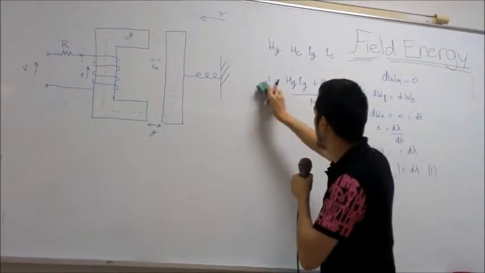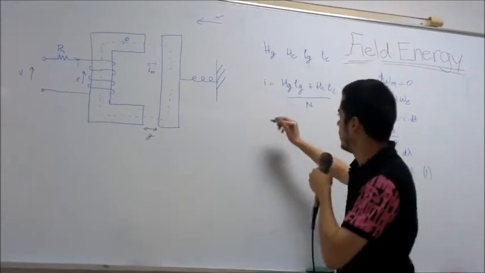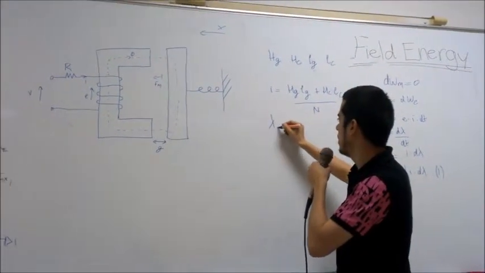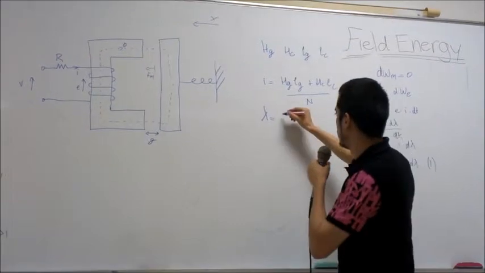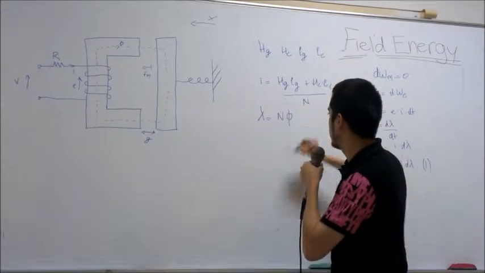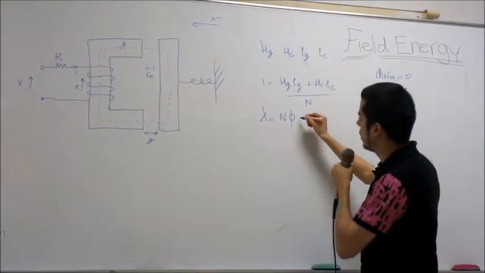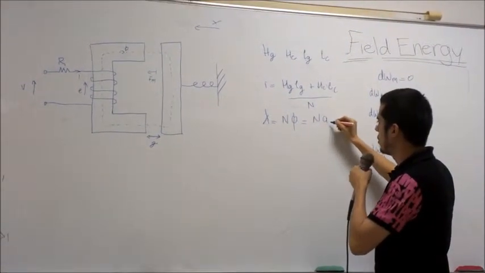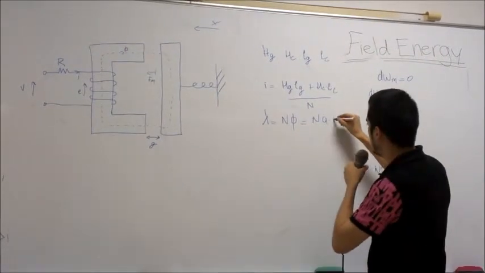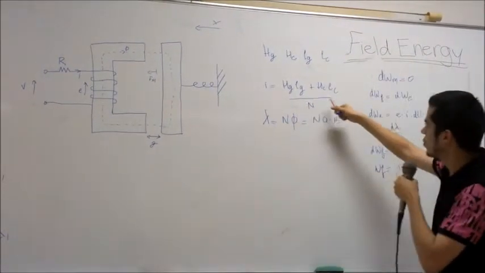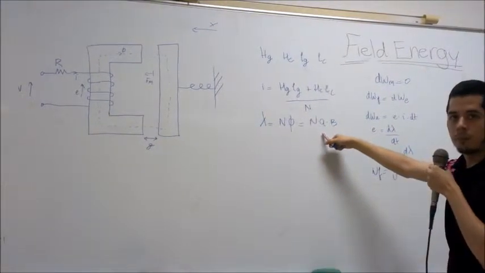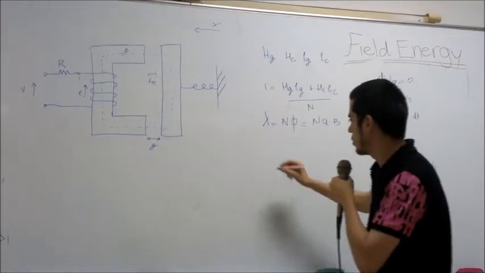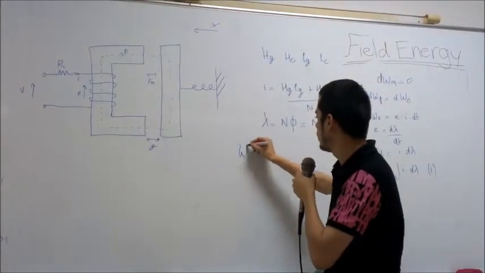Similarly, we know that the flux linkage lambda is equal to the number of turns times the flux. And the flux we can write as the cross-sectional area times the flux density. Now if we combine these values in this equation, we have another expression for the field energy.